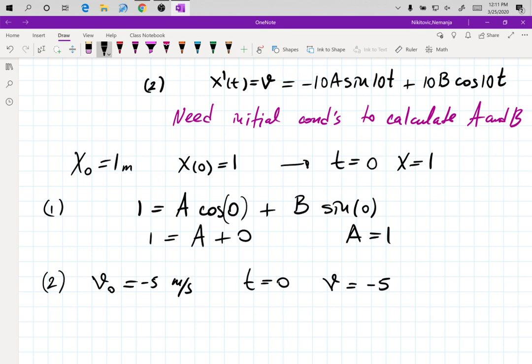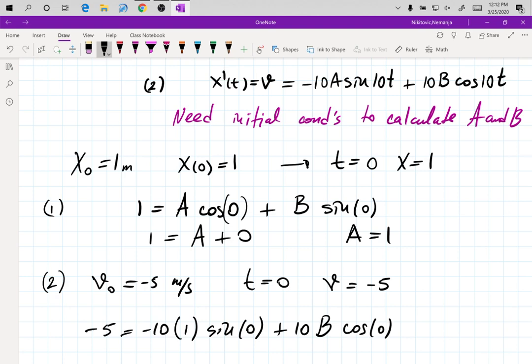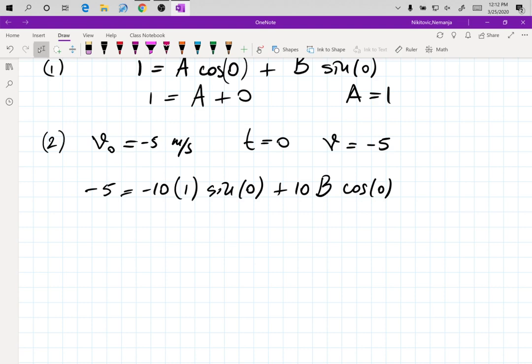So from the second equation, we have negative 5 equals negative 10 times A, which was calculated to be 1, and we have sine of 0, plus 10, we don't have B, and we have cosine of 0. Cosine of 0 is 1, so this term dies completely.